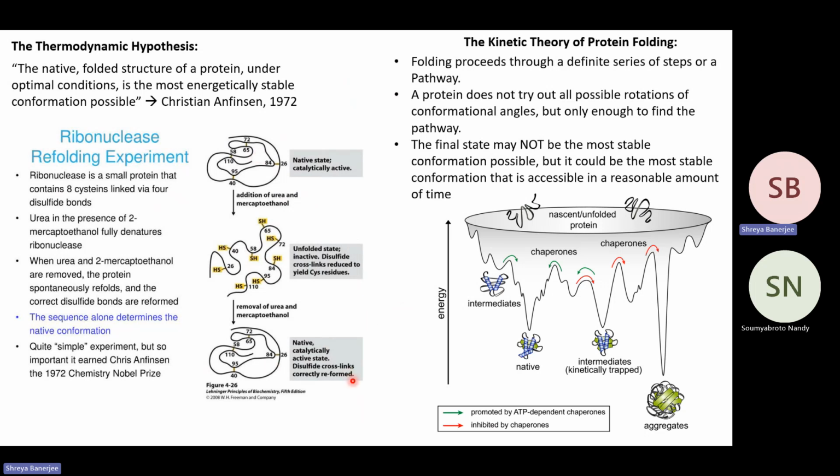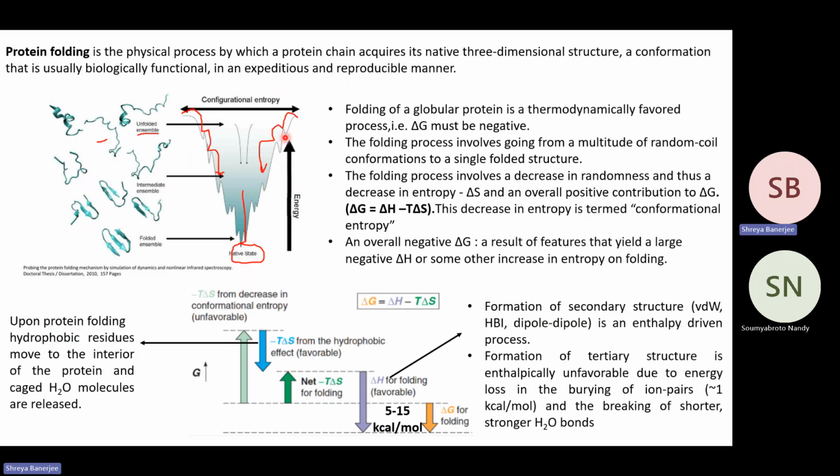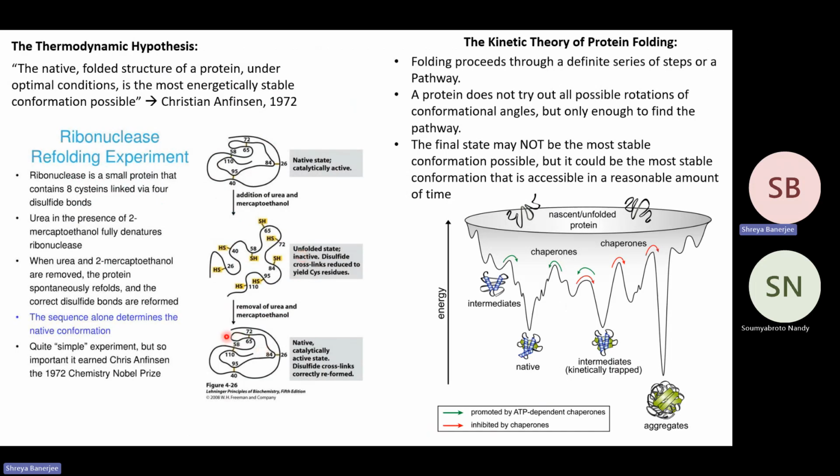So what this showed is that the native structure is common, which is what this funnel was showing: no matter how the protein is folding, there is only one native state. That is what was proved through this experiment, that even after completely unfolding the protein, when it was allowed to fold again, the same structure was formed.